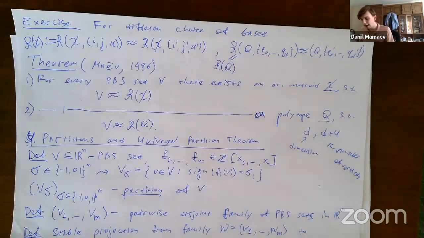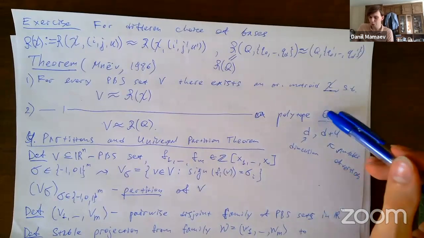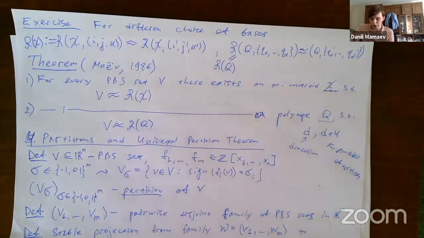It is true that you can find a four-dimensional polytope such that the realization space is stably equivalent to your algebraic set.